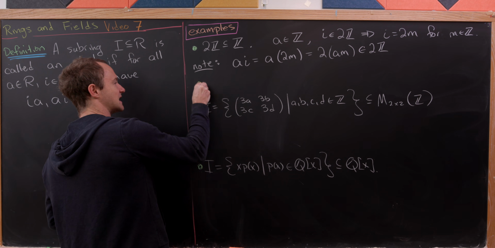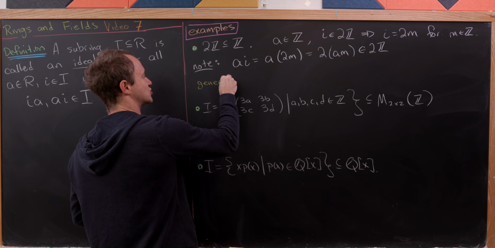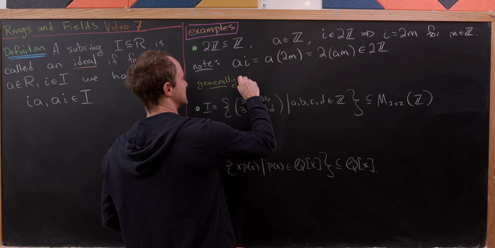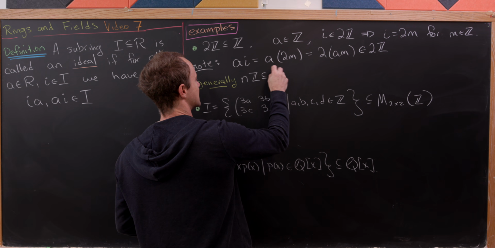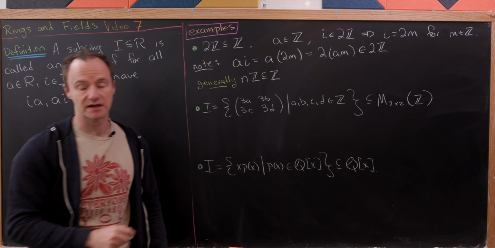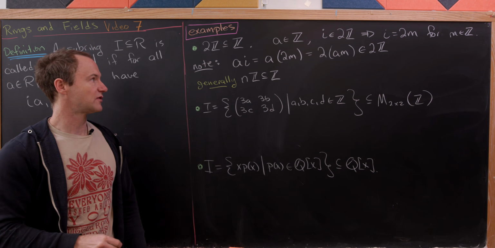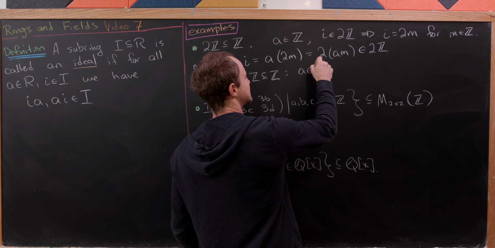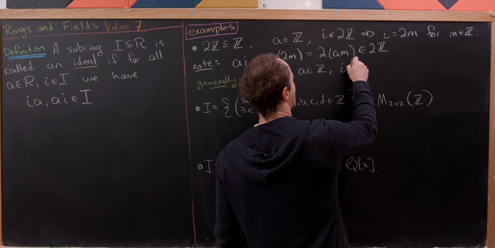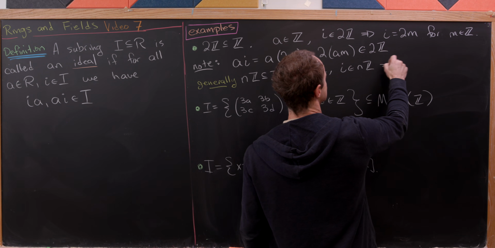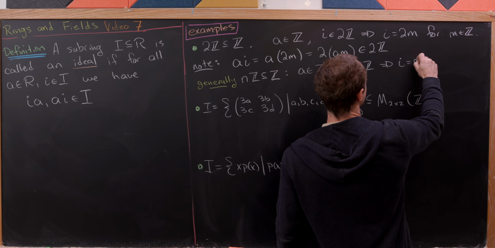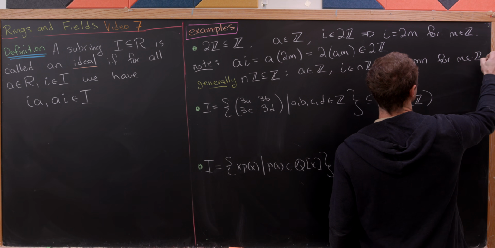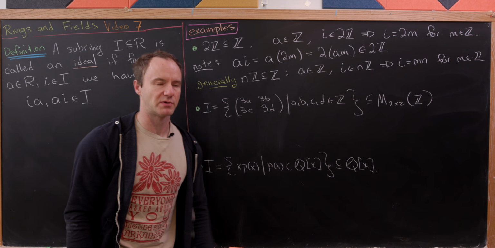Now, this is an example of a more general family of ideals, and that is n times Z. So nZ is an ideal of Z. So that's just going to be all multiples of n. And we can check that almost as quickly. So let's take a in Z, and we'll take i inside of nZ. But observe that that means that i is equal to m times n for some m in Z. Remember, nZ is all multiples of n.